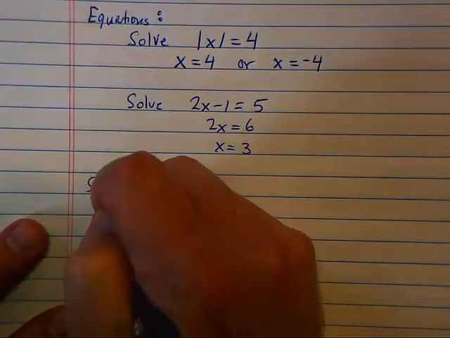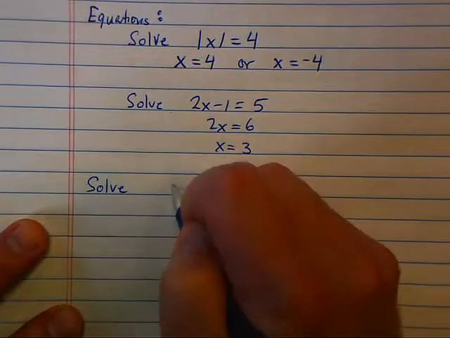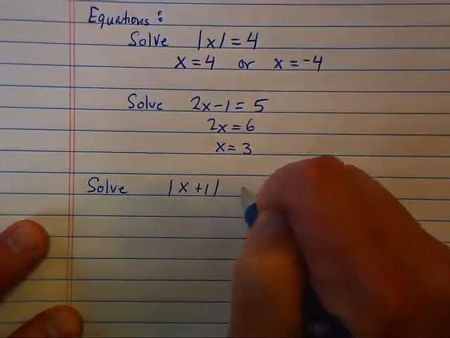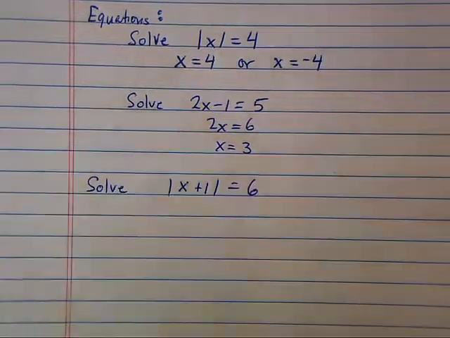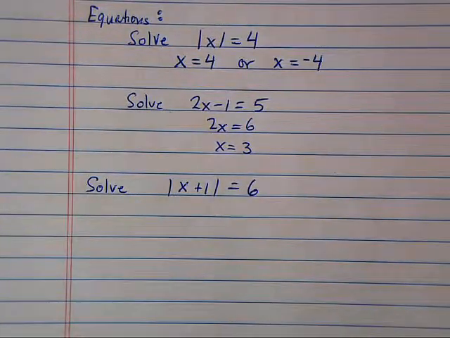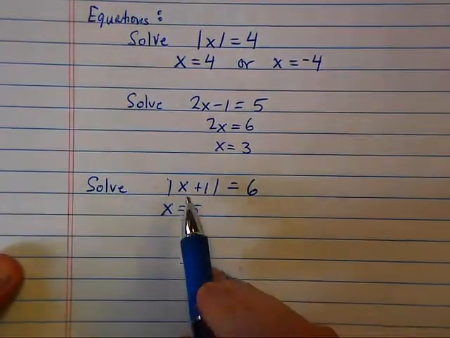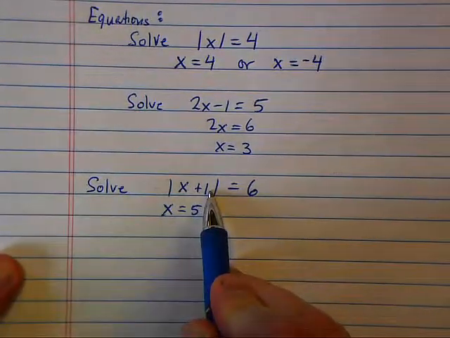Solve absolute value of x plus 1 equals 6. Can anybody tell me an answer? x equals 5 is an answer. Because if I plug 5 in, 5 plus 1 is going to give me 6. And the absolute value of 6 is 6.